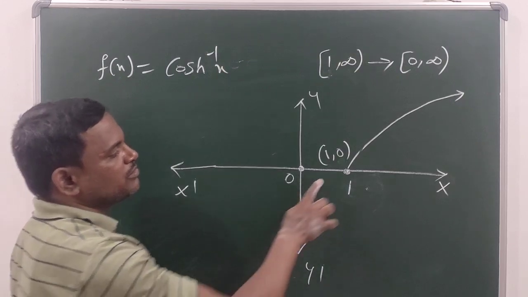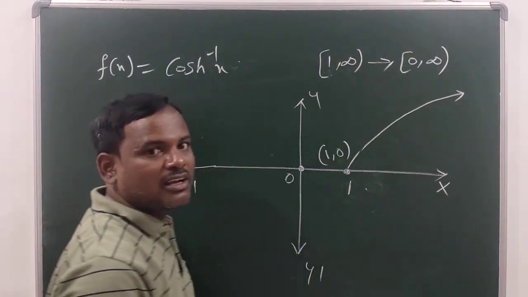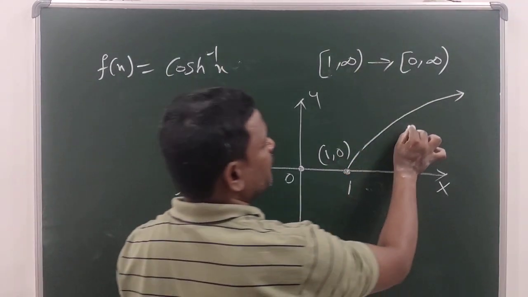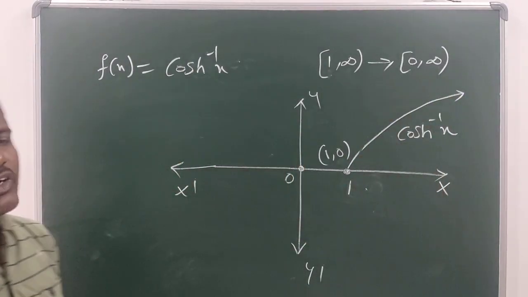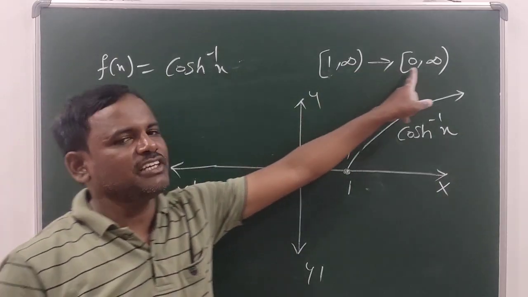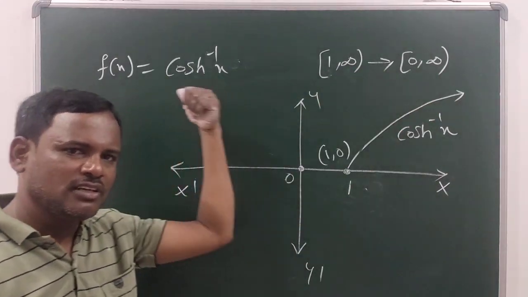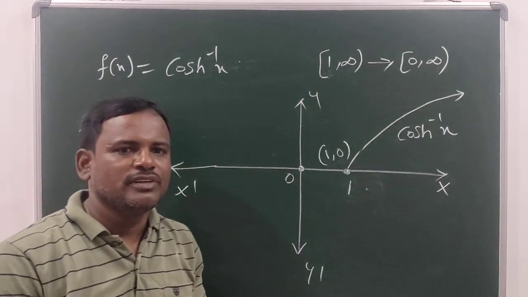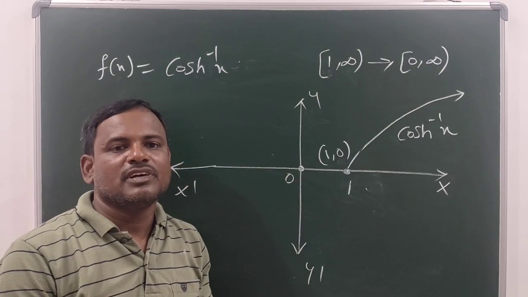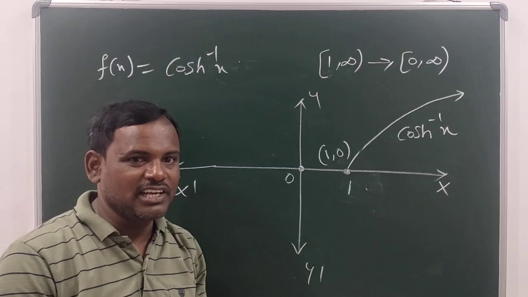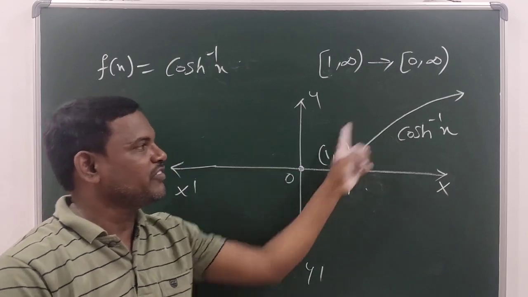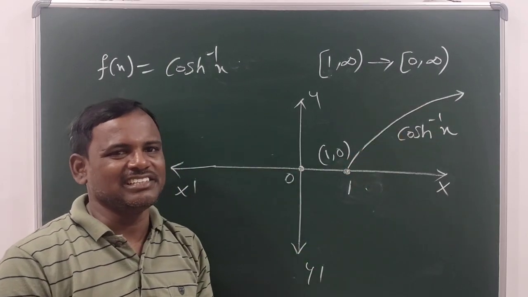So this will be the graph for cos h inverse of x. Here domain values are increasing, range is also increasing, because in the graph of cos hx in its principal domain that graph is strictly increasing, hence its inverse function is also strictly increasing.